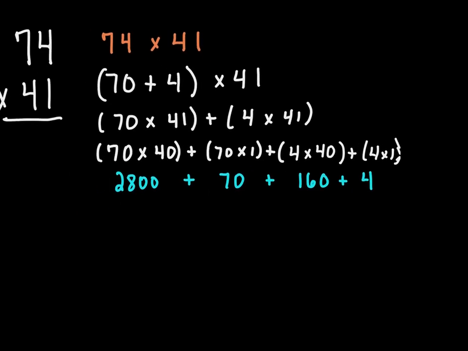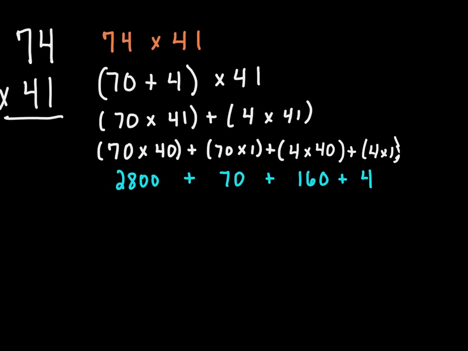All right, so now what we're going to do is add up our partial products. And we add them up. 4, 13, 9, 1 is 10.